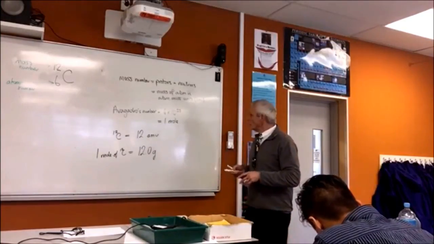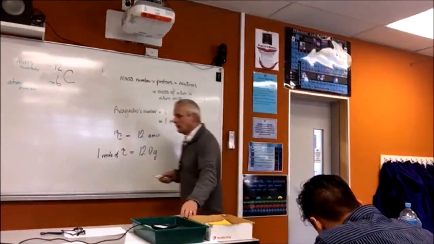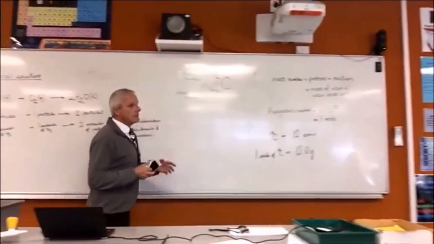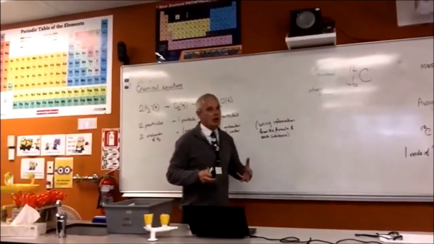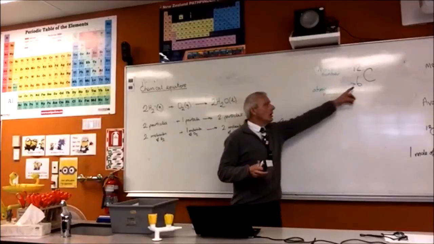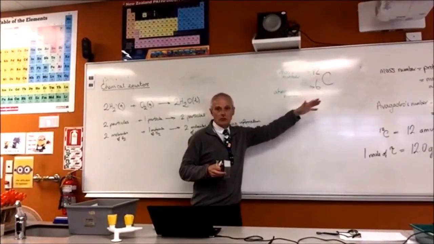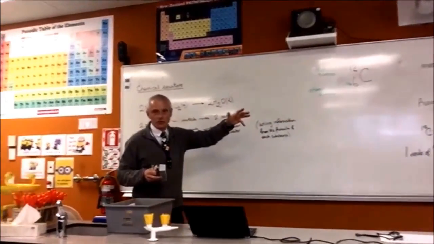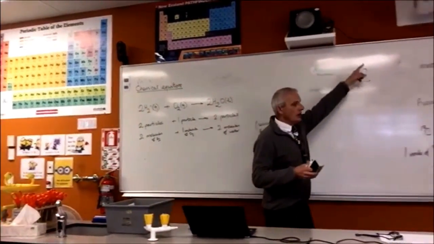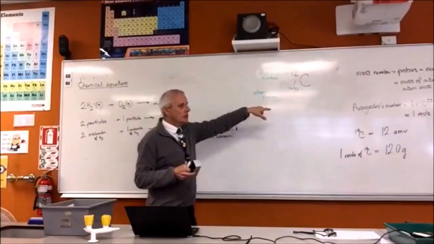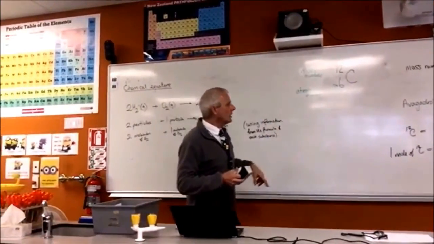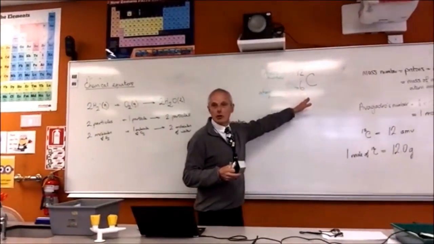Houston, we have a problem in that we have not allowed for the fact that some elements on Earth exist in more than one form. In other words, isotopes. Now, carbon is not one of those. The vast majority of carbon atoms on Earth are this isotope. So, if you were to take a mole of carbon atoms, it would be very close to 12 grams.